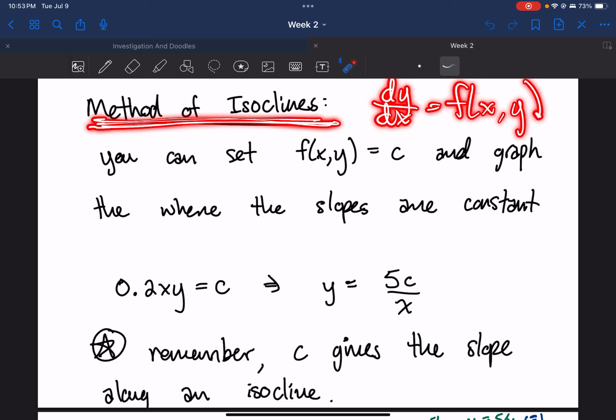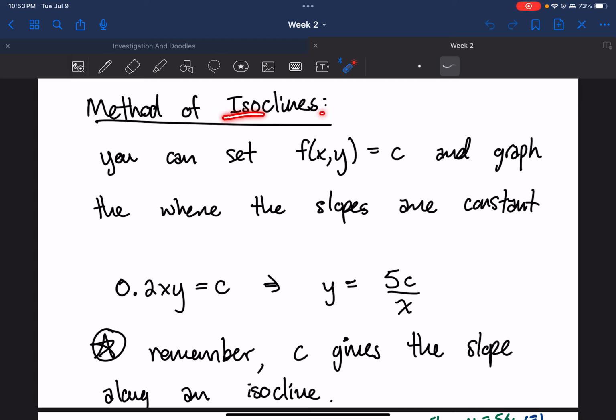If you know a little bit about breaking words down that have Latin origins, I'm not a linguist, the word iso is used in isosceles triangles and isomorphic. It means same. Isocline means same slope. This is the method of same slopes.